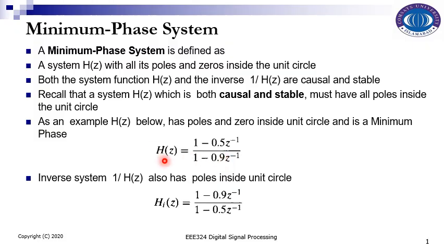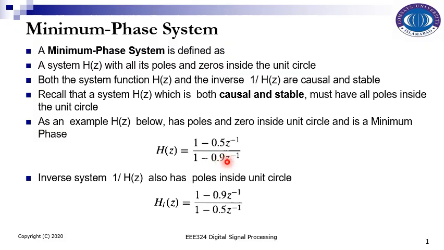Now the inverse of H(z) is this system, where the pole becomes the zero and the zero becomes the pole. For a minimum phase system, if we are given that H(z) is stable and causal, here the pole 0.9 is inside the unit circle, and we are also given that it's a causal system.